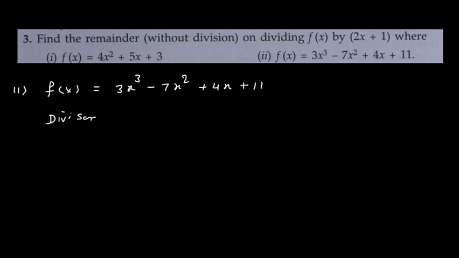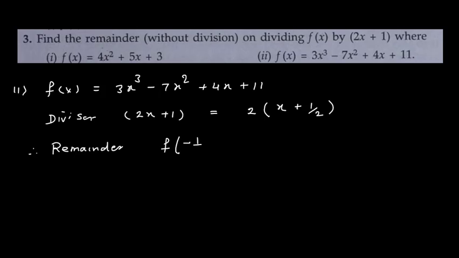This f(x) is divided by 2x plus 1. So this 2x plus 1 can be written as 2 times, taking 2 common, x plus 1 upon 2. So x plus 1 upon 2, that means therefore the remainder will be f of minus 1 upon 2.